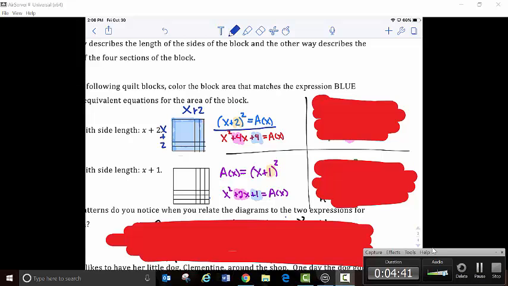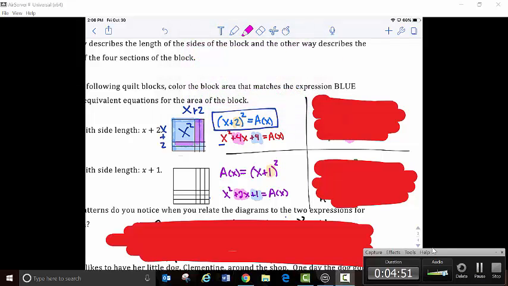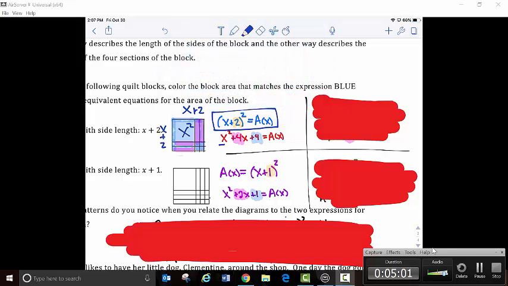So that would be X plus 2 squared, or we have 1 X squared plus 4 X's, 1, 2, 3, 4, okay, plus 4 of the little blocks right here. So you could write it that way as well.